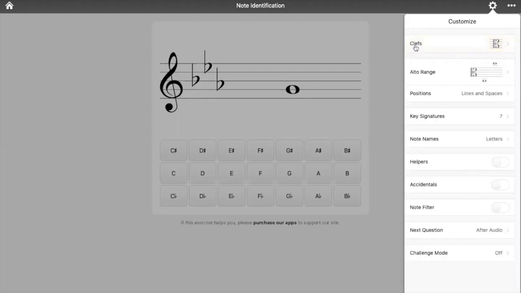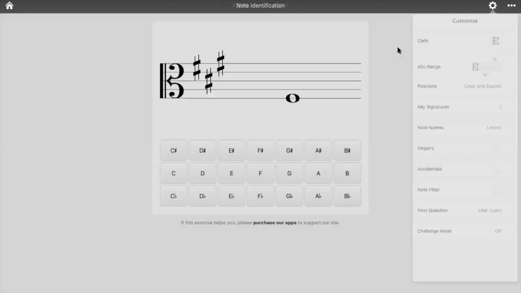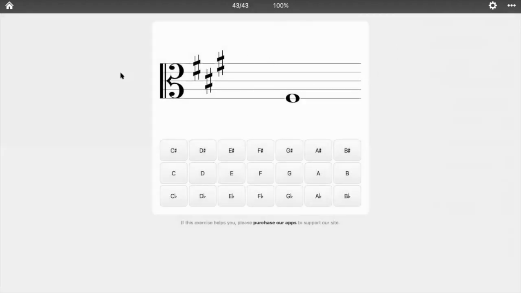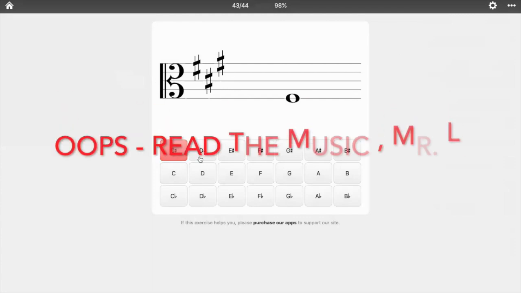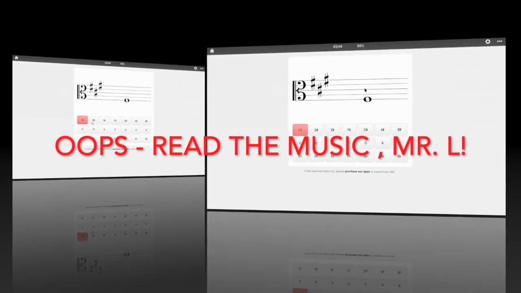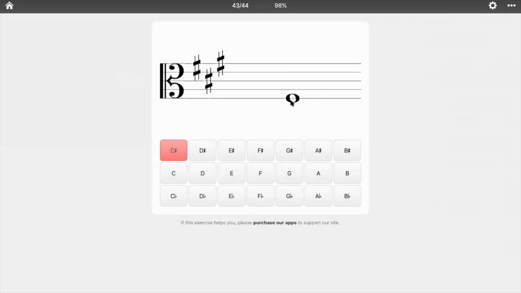If you don't understand alto clef, I'll just give you a quick demo. Okay, alto clef, the middle line is middle C. Okay, so this note would be C, and it has a sharp on it. So C sharp. That's C sharp. So this would be F sharp. I was confused there.